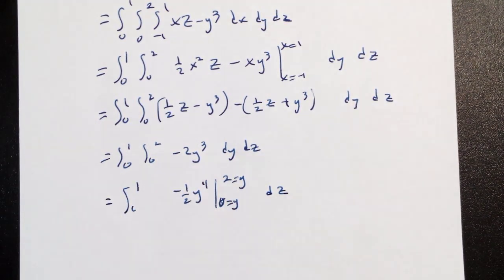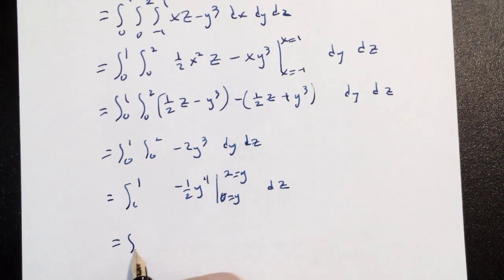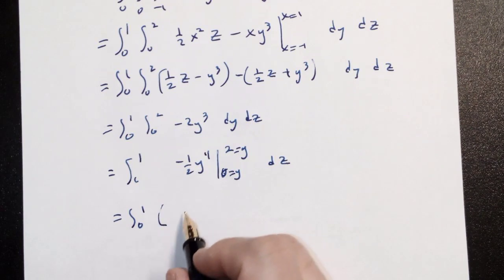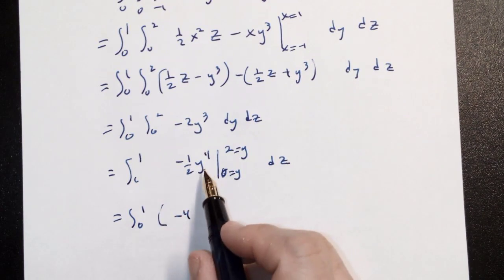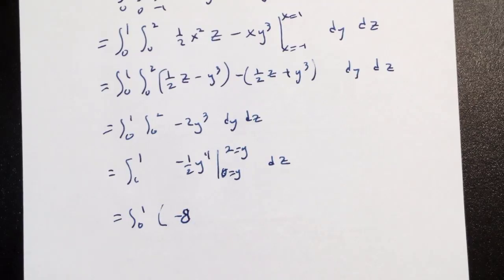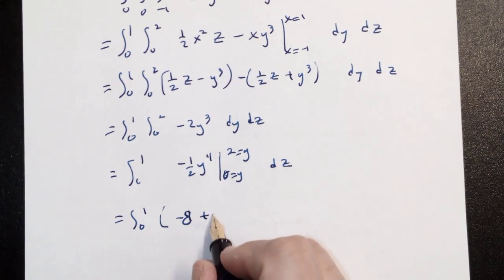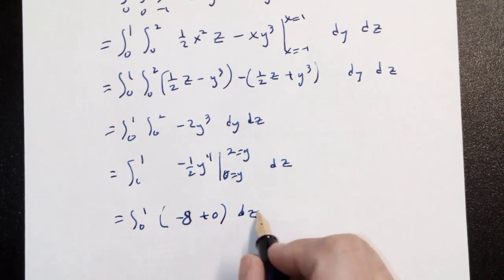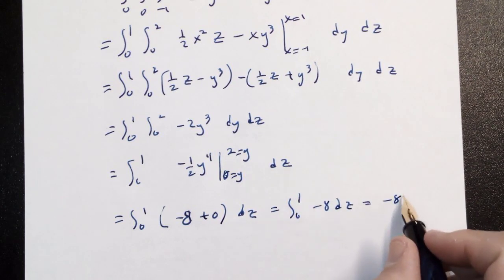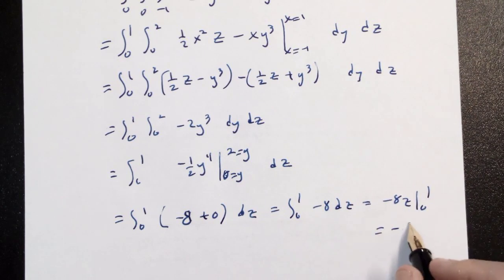Plug in 2 and you get -4, -8, because it's half of 16. Plug in 0, you get 0. So this is the integral from 0 to 1 of -8 dz. That's -8z from 0 to 1, and I get -8.